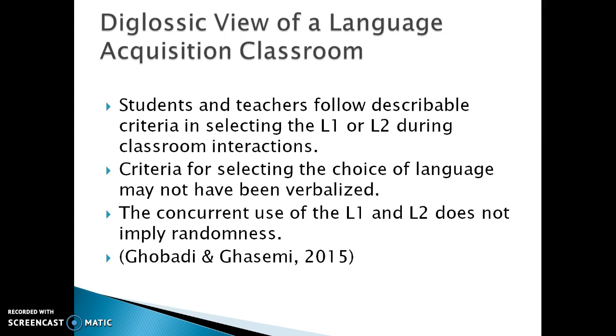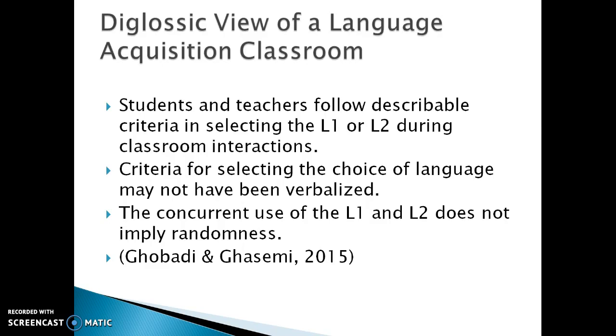When a classroom exhibits L1 and L2 usage, they participate in the diagnostic view of a language acquisition classroom. Within this model, students and teachers follow describable criteria in selecting the L1 or L2 during classroom interactions.